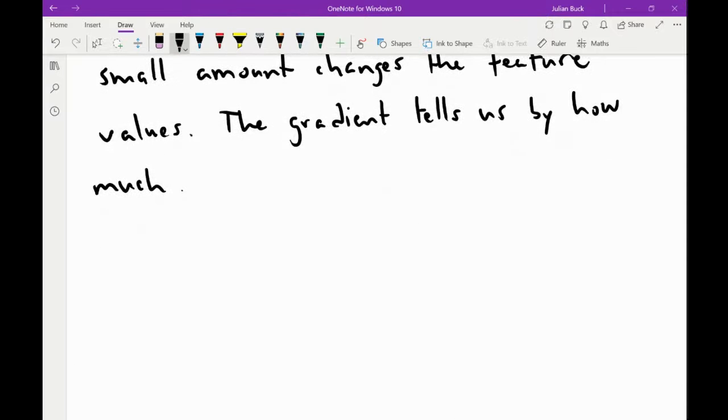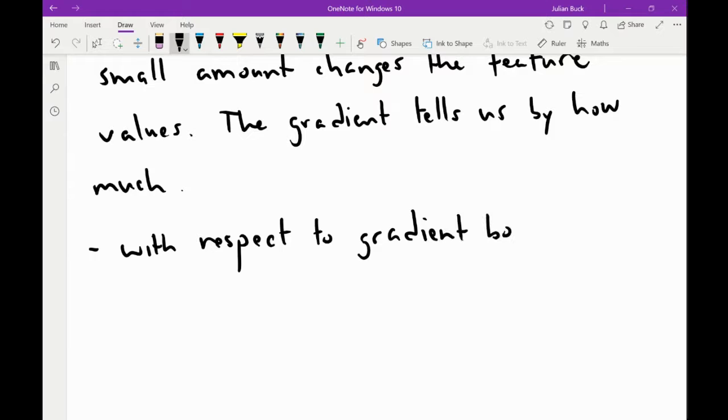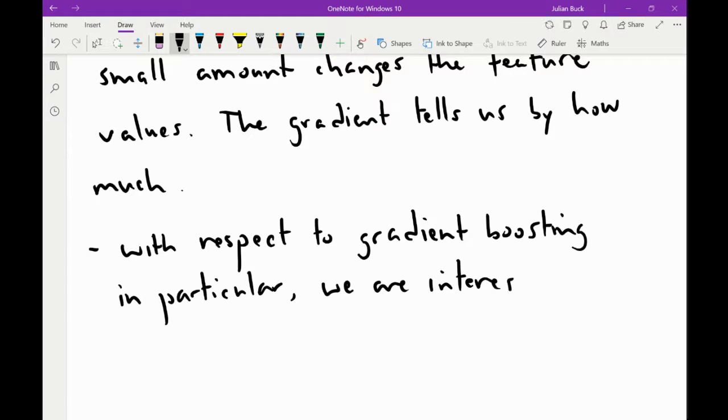And as I've already alluded to, with respect to gradient boosting in particular, we are interested in the changes in some loss function.